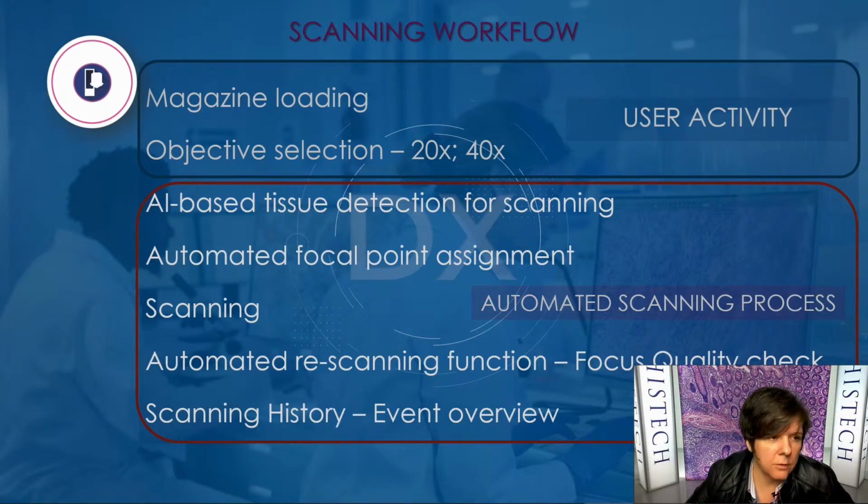The software uses an automated focal point assignment process. And as I mentioned, the diagnostic scanner software includes focus quality check, which ensures the automated rescanning function in the case of poor image quality. The user must do only the magazine loading phase and the objective selection phase.